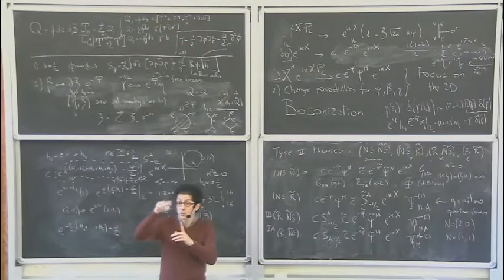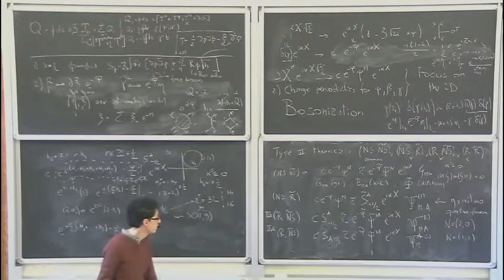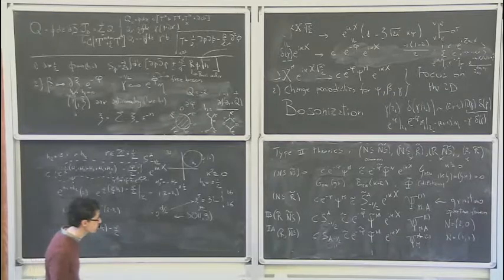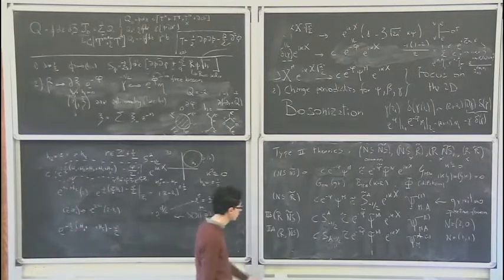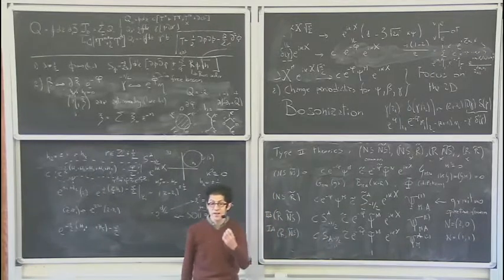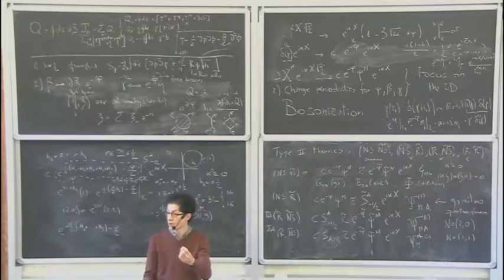Otherwise, this argument with the 3-point function does not work. The answer is yes. I can change the GSO projection in the Ramond sector. And the reason for that is that Ramond states must always appear in pairs in 3-point functions.